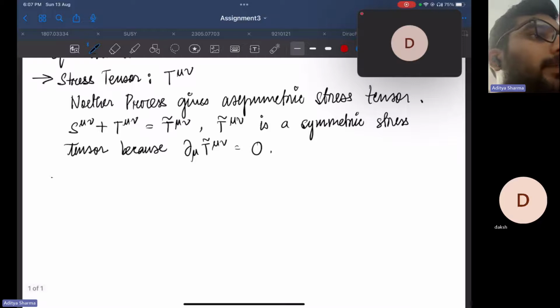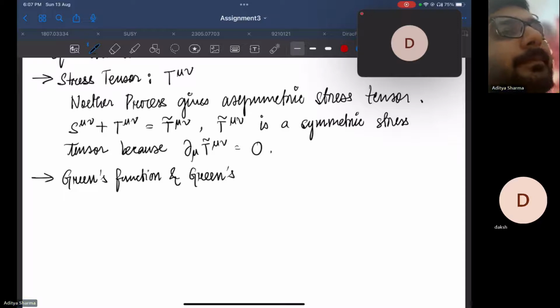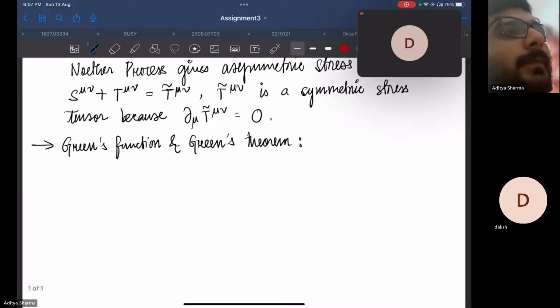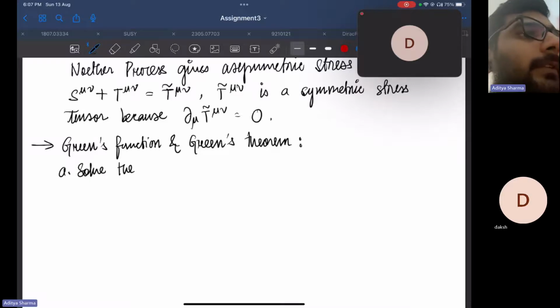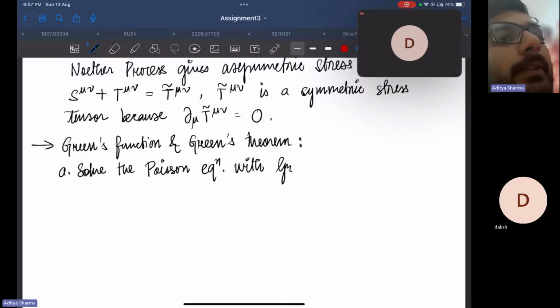In lecture 11, it was more about Green's function and Green's theorem. We learned how to solve the Poisson equation with the Green's function method.